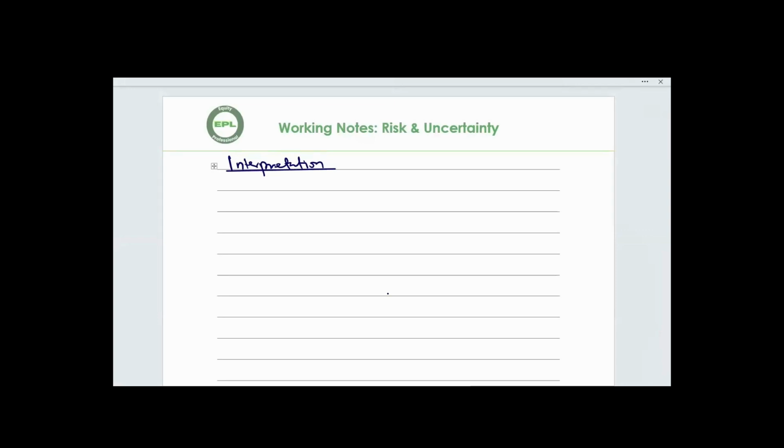Now, like I said, there are two ways of doing it, depending on the variable.